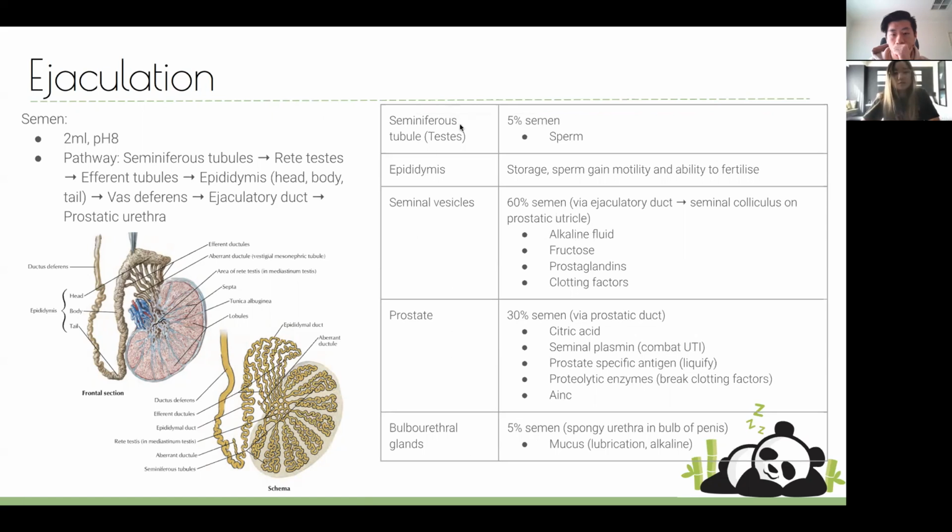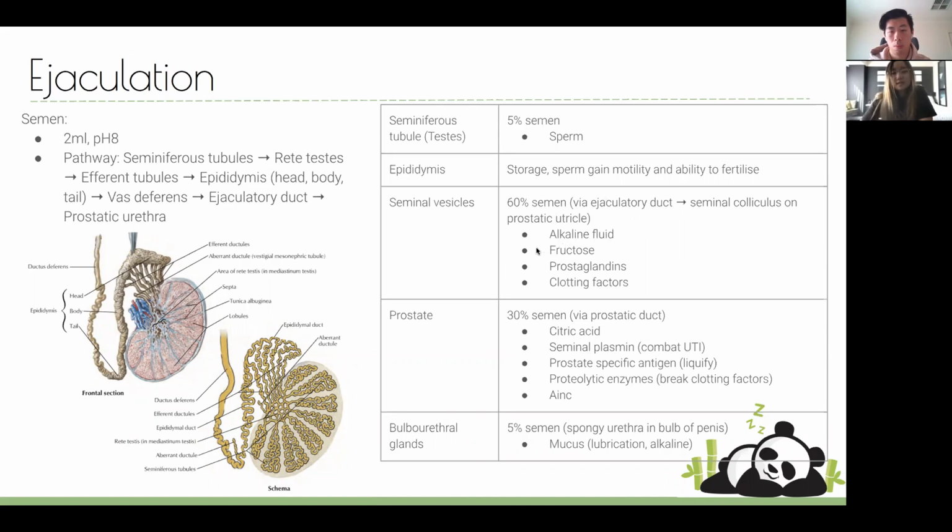It's good to know also the actual composition of ejaculate. So you get 5% from the seminiferous tubules in the testes, which give you the sperm. The epididymis is there for storage. They gain the function of motility and they're able to fertilize an egg. Then you reach the seminal vesicles, which supply 60% via the ejaculatory duct.